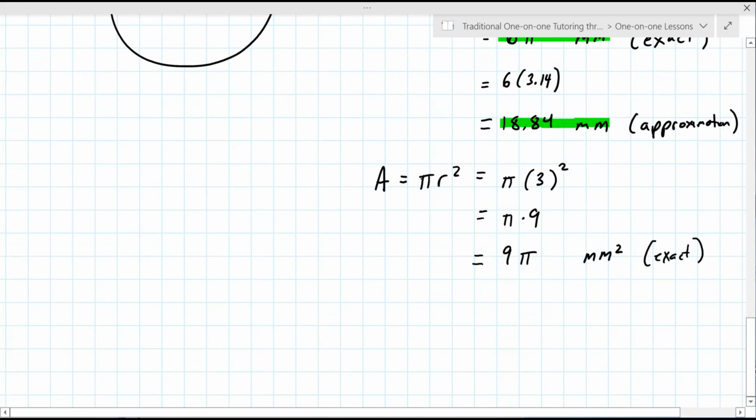Now grab your calculator and we're going to take 9 and multiply it by 3.14. You have that calculator handy?